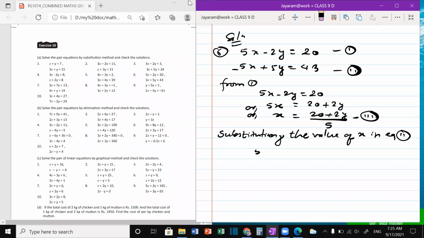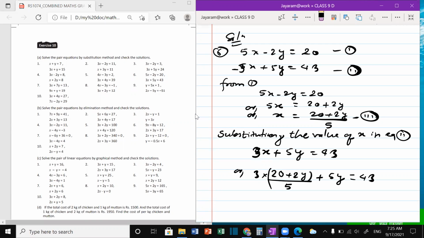It's not 5x, it's 3x. Sorry, sir. 3x plus 5y is equal to 43. Substituting the value of x, 3 times 20 plus 2y whole upon 5, plus 5y equals 43.